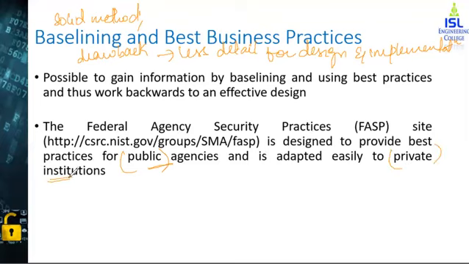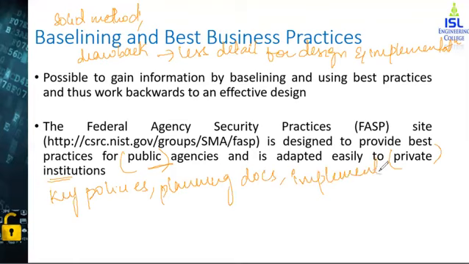Now, the documents found on this site include specific examples of the different key policies, and how you're going to plan. So you're going to have the different planning documents. Then you need to have the implementation strategy that you're going to follow. When you know the different policies, you also need to know how these need to be implemented.